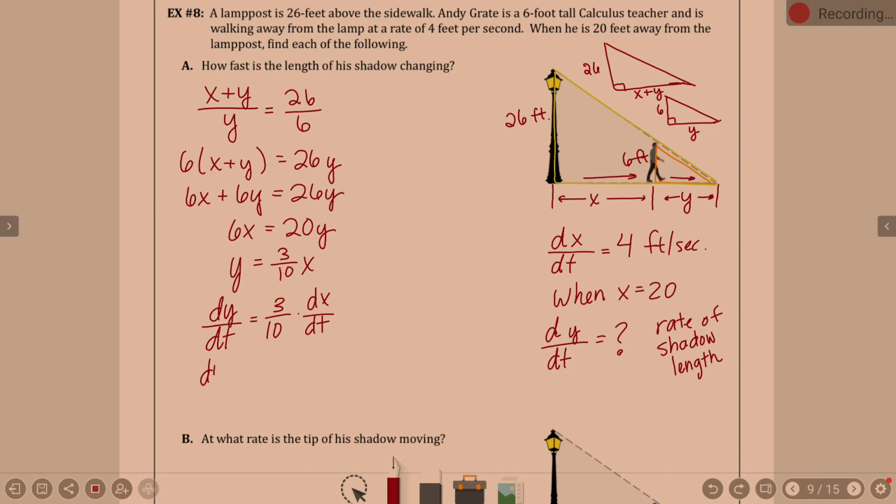So we have dy/dt is equal to 3/10 times, what's dx/dt? 4. 12/10, or 6/5. 6/5 what? Feet per second.